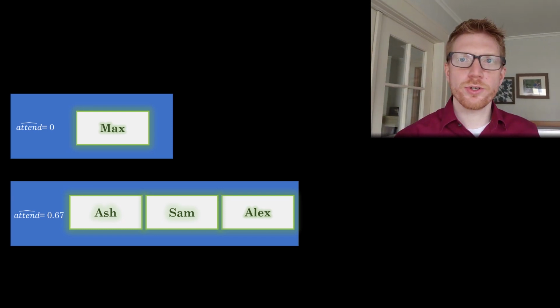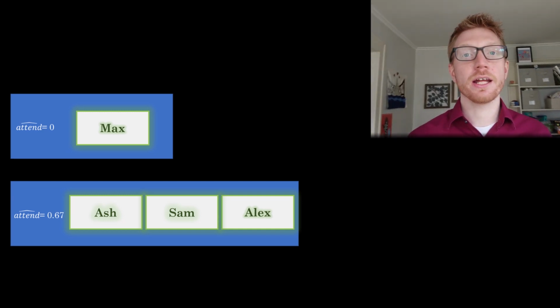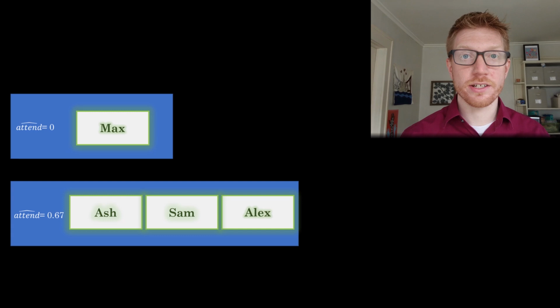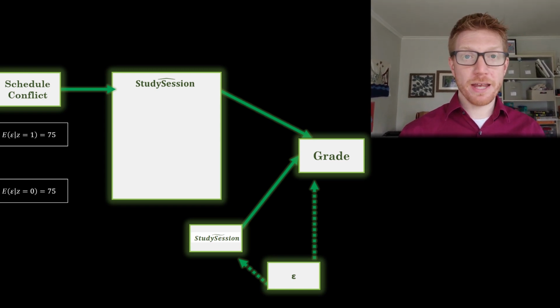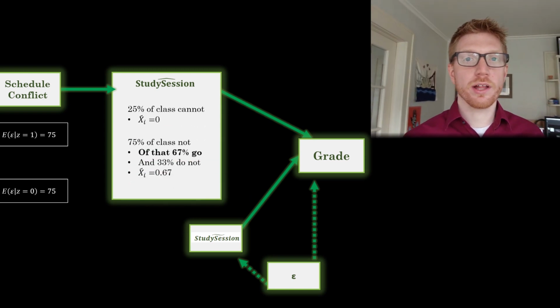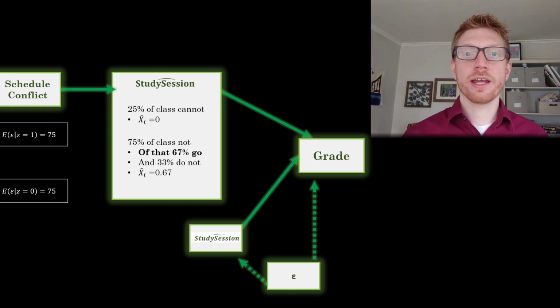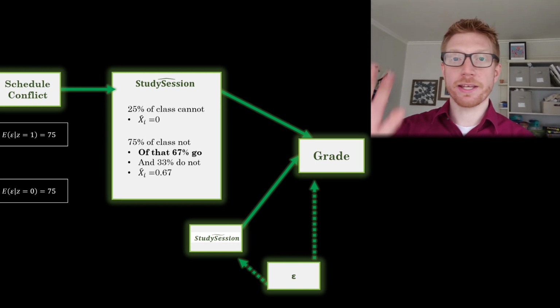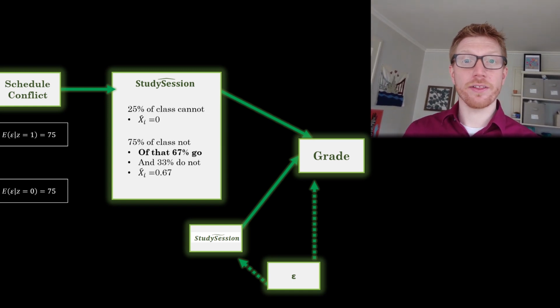Now let's return to our causal diagram here, where we're showing the interplay between the conflict, the study session, and your grade on the exam. If the study session truly had no effect, if beta truly was 0, then what we would expect to see is that it wouldn't matter if you had a conflict, because all that would be influencing the grade would be other stuff.